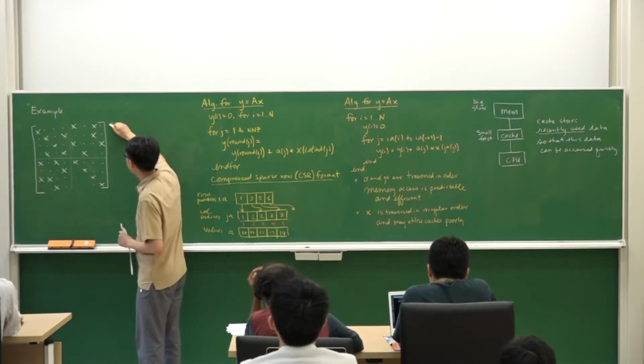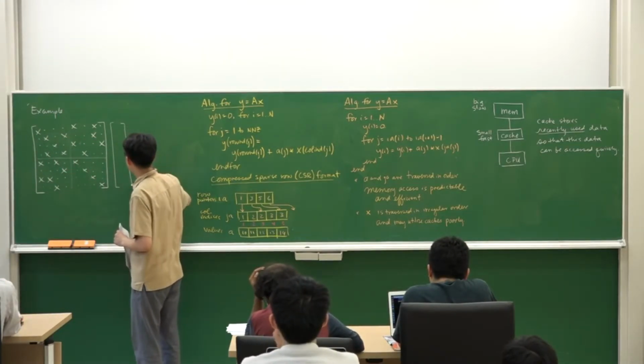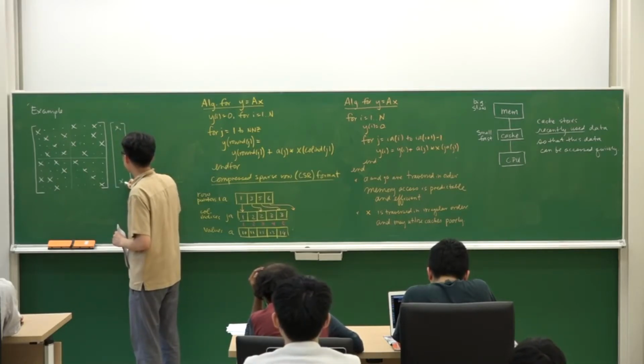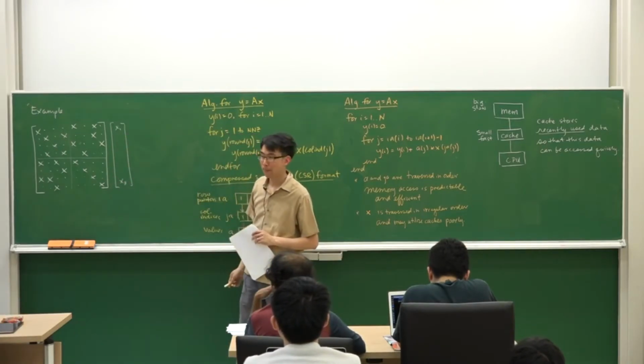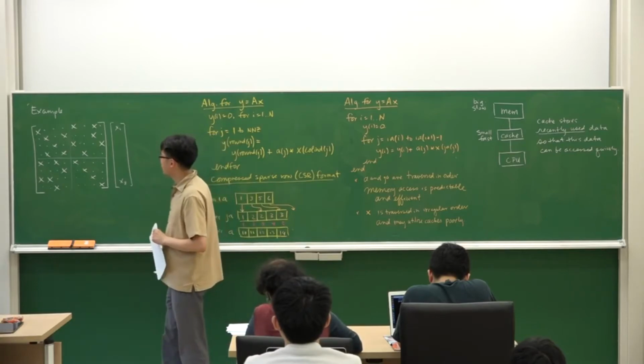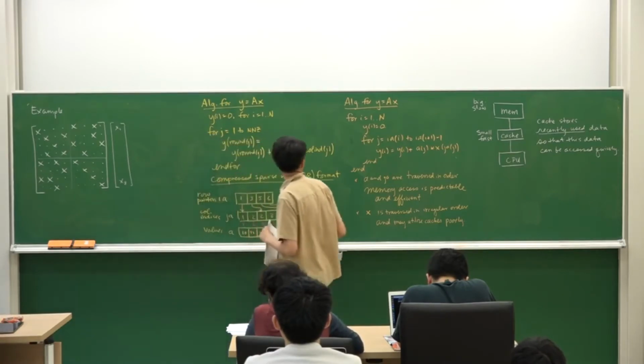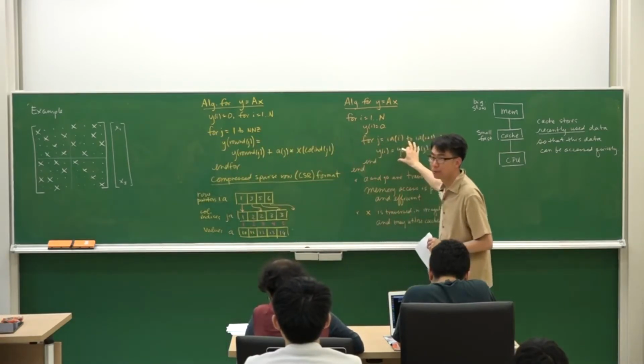I want to multiply it by a vector, x1 all the way to x8, right? And the result is going to be the vector y. Okay? And let's suppose that I'm going to run this algorithm, the CSR algorithm.